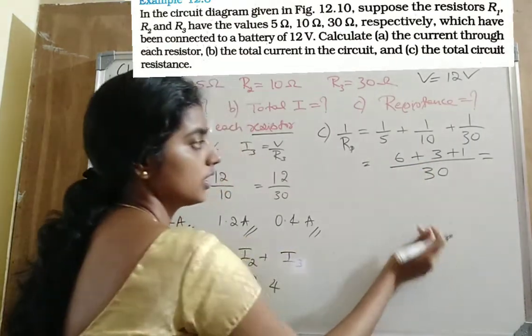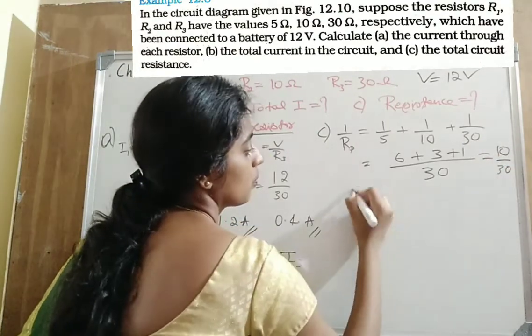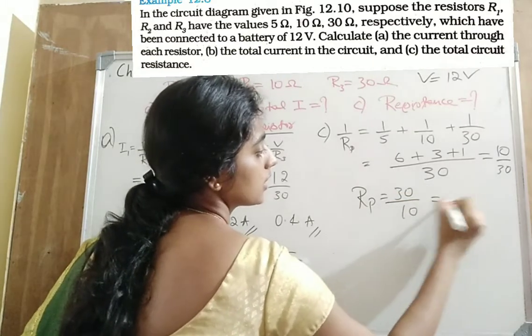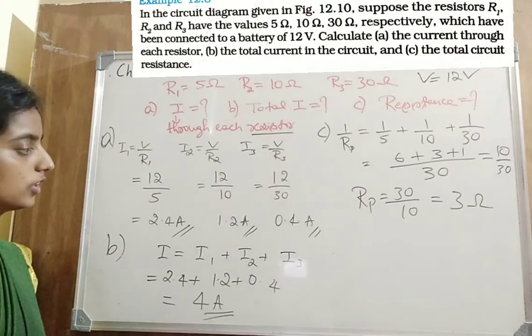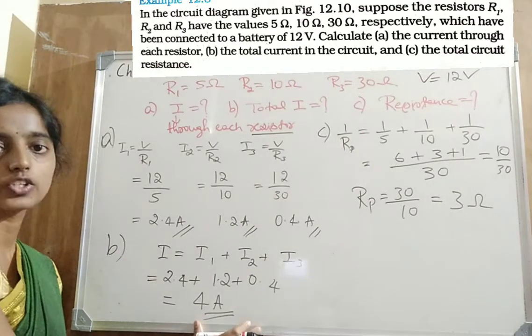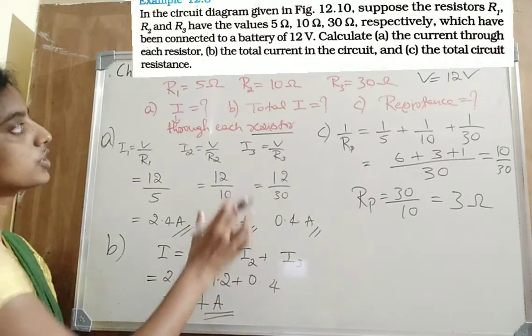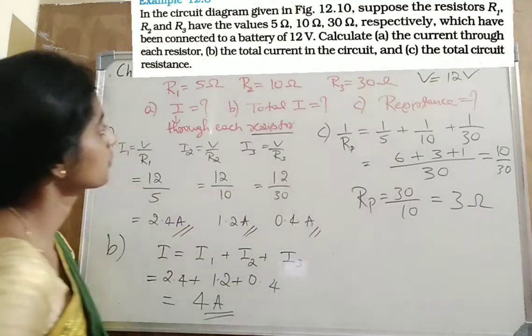How much will we get here? 10 by 30. Taking the reciprocal of this we get 30 by 10. That is nothing but 3 ohm. So see, we got all three values and it is a very easy question. If you want to draw the diagram, just draw a diagram which has three resistors, name them and give one battery, and that's it.